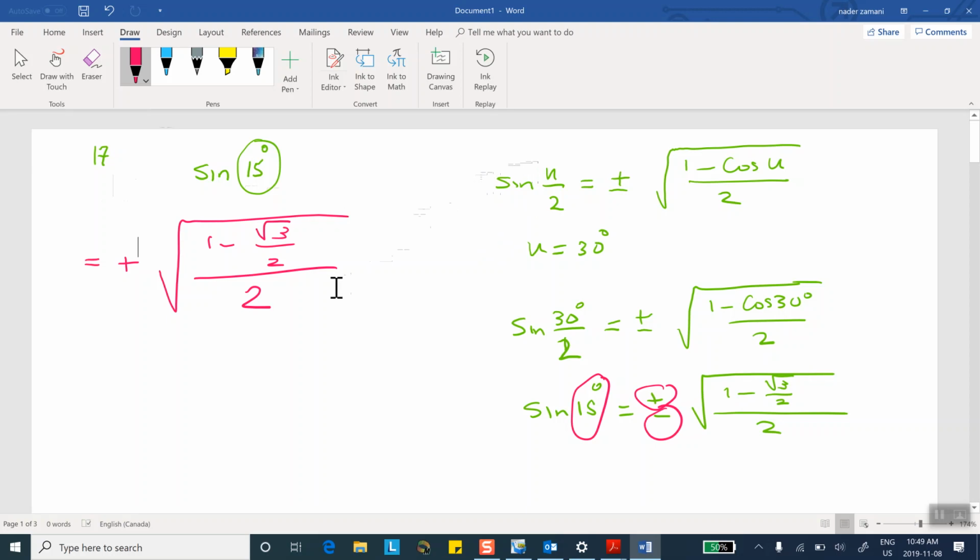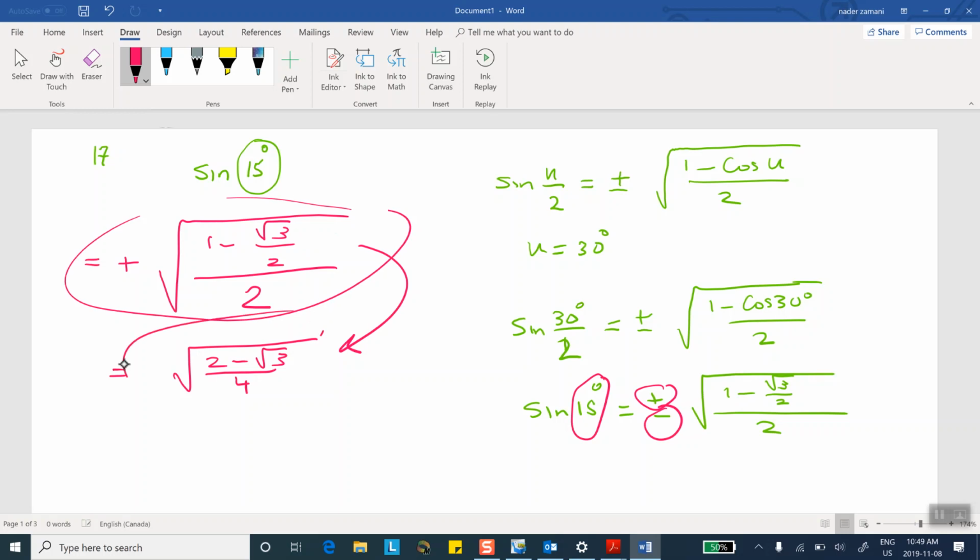Now, I don't know how they write the answer in the book. It could be that they do one more step and write this as 2 minus root 3 over 4. This is just basic arithmetic. If you cannot go from this line to that line, it means you have to practice your arithmetic more.